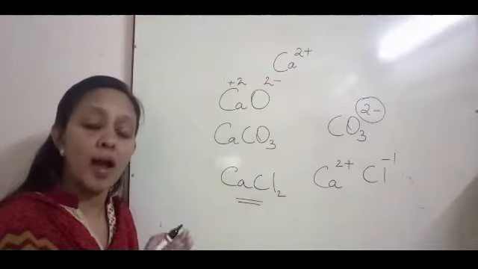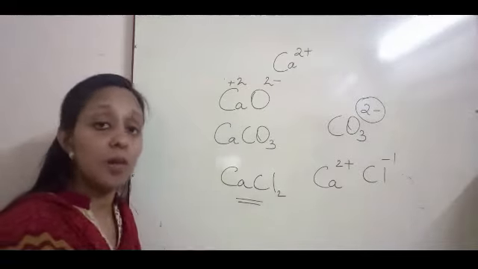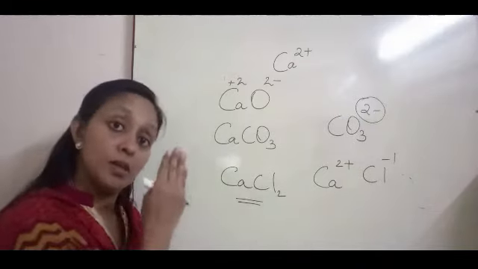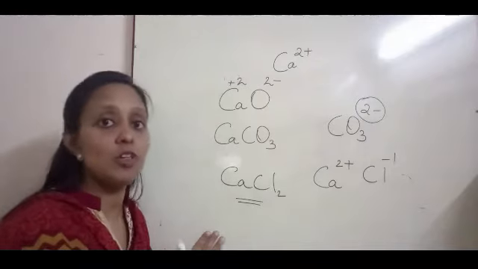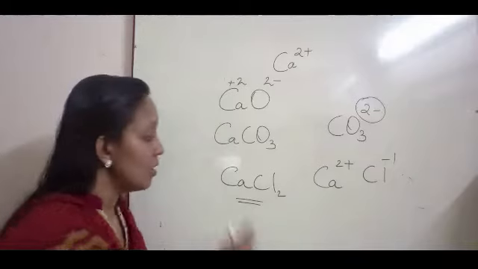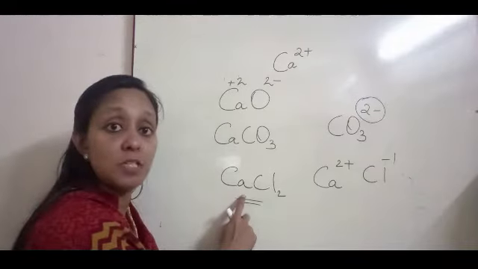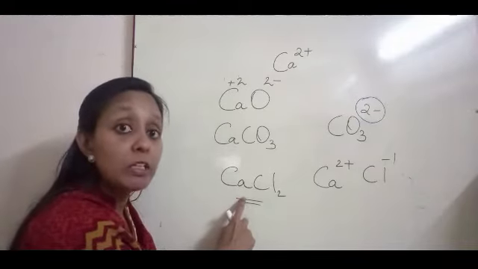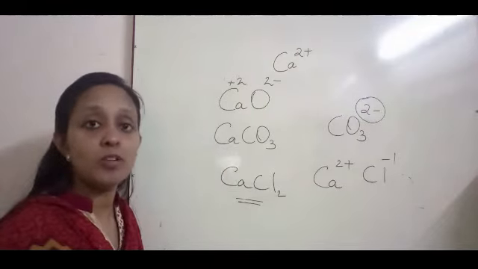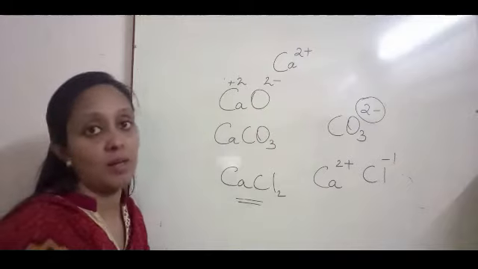So if you want to identify the valency of the neighboring radical, and if the valency of the first element is given to you, what is the only thing that you have to check? What is written as the subscript in the formula under that particular element, that number. Have you followed, children? That is what you have to check.